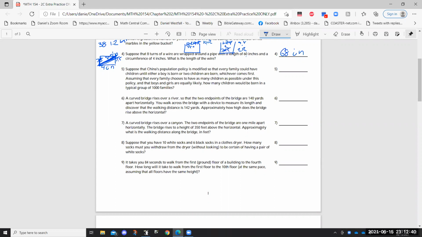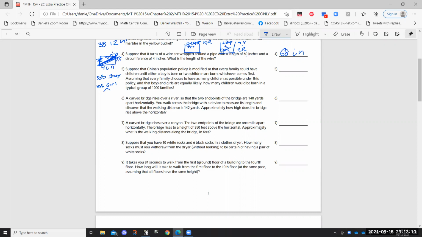Well, there's a 50% chance that they get the first child as a boy and then they stop. There's a 50% chance that the first child is a girl, right? And then they would be able to keep going.